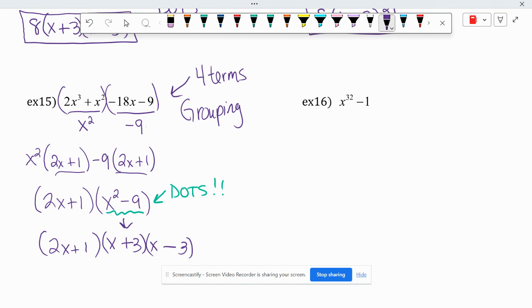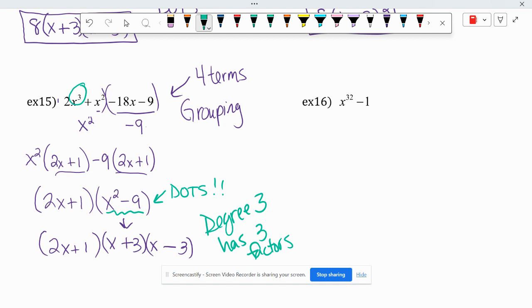This has 3 factors. Why is that? Any ideas? What's the exponent, the degree of this? What is the degree up there that I just circled? 3. This is a degree 3 polynomial. Degree 3 has 3 factors.